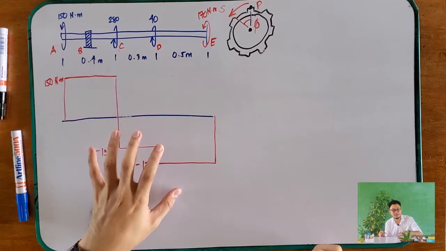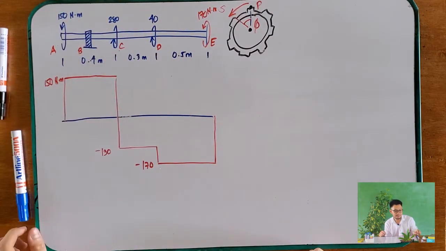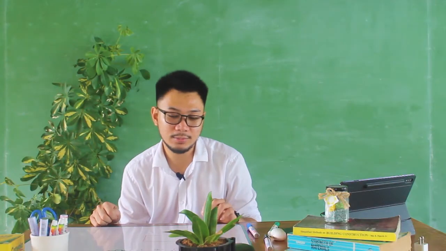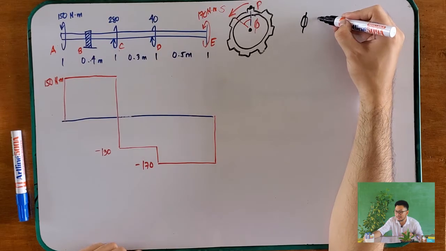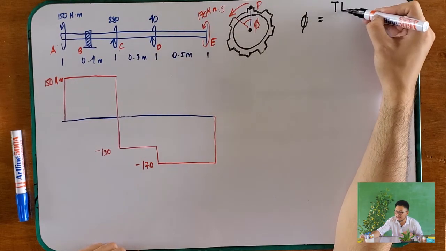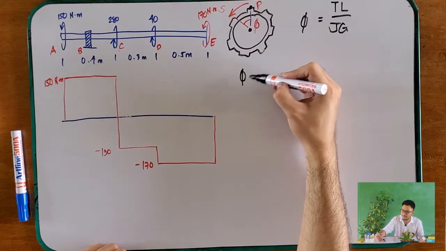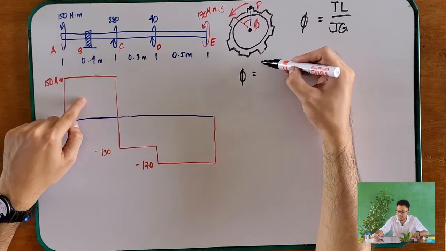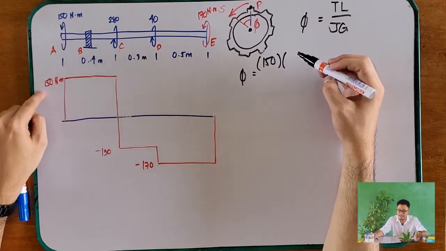So, we have to determine the angle of twist of A with respect to E. Sige. So, unsa gani ato buhaton? Well, nakahinumdum ta again that your angle of twist is equal to TL over JG. So, therefore, this one is 150. Di na ako magbutang unit, kikapoy na. Basta Newton meter siya.